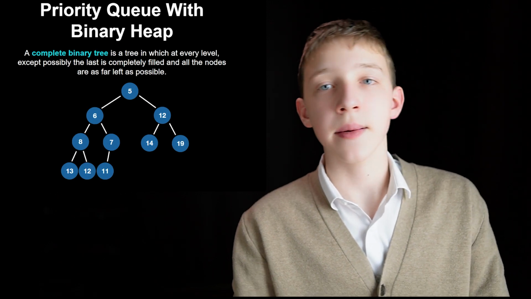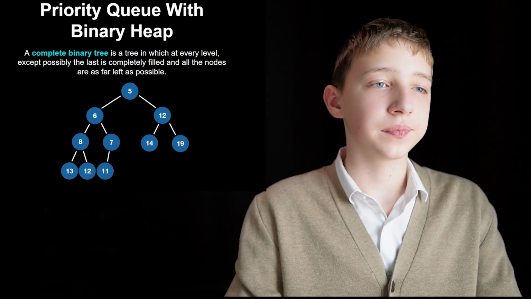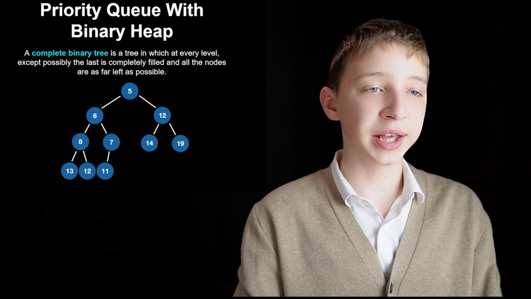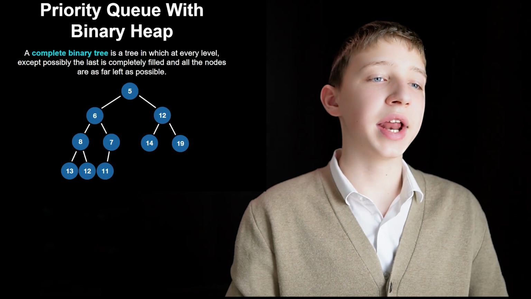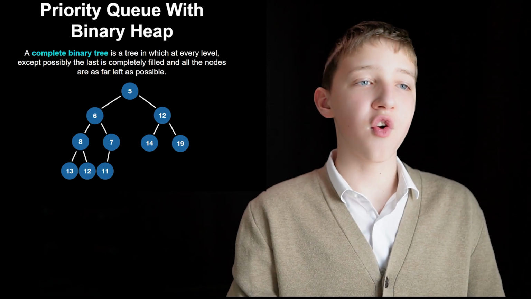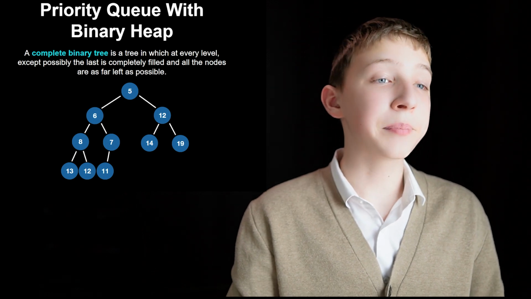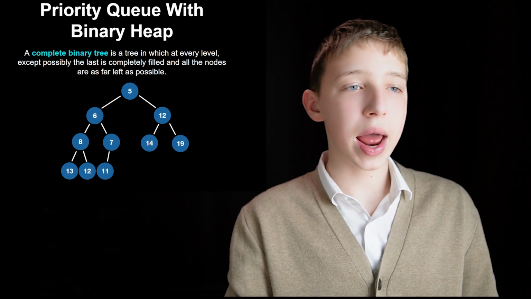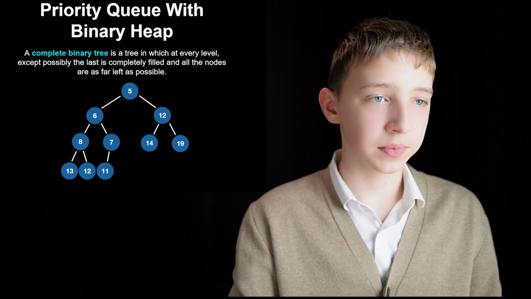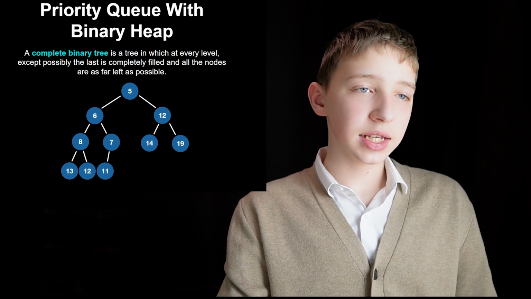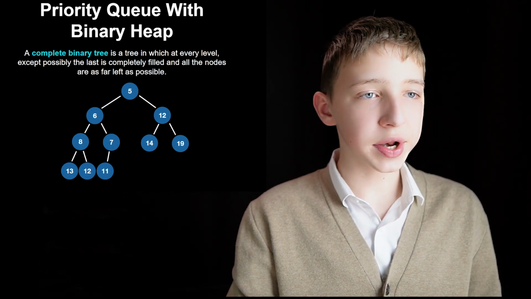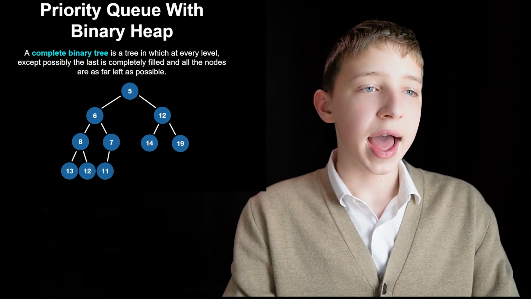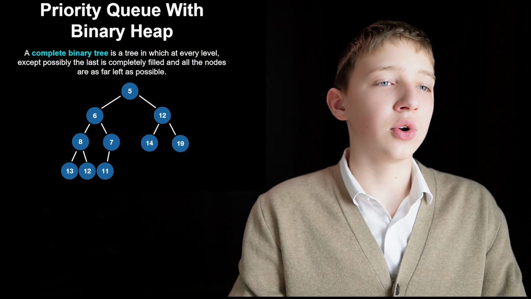Also, an important thing is that binary heaps are complete binary trees: every level except the last is completely filled, and all the nodes are as far left as possible. As you will see, when we insert nodes, we always insert them on the bottom row as far left as possible.